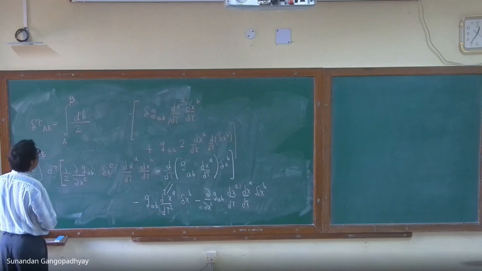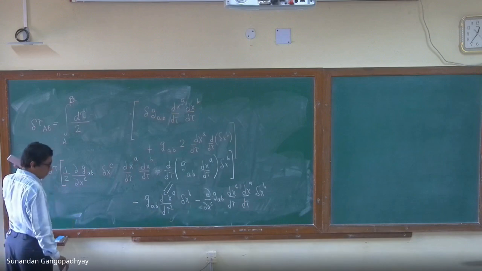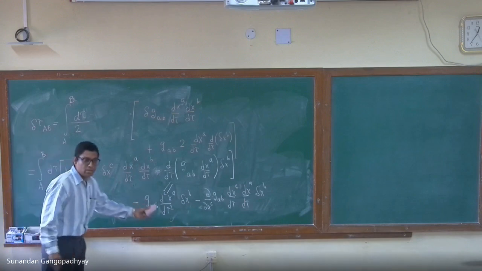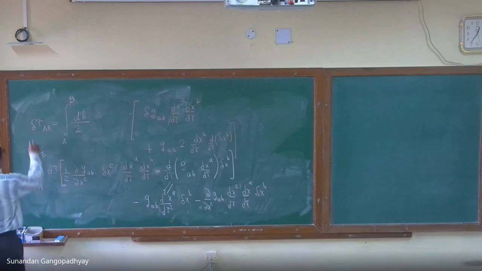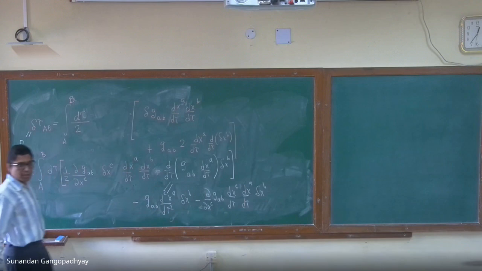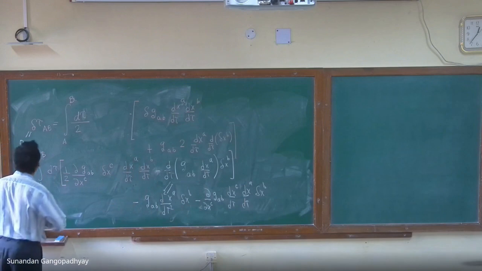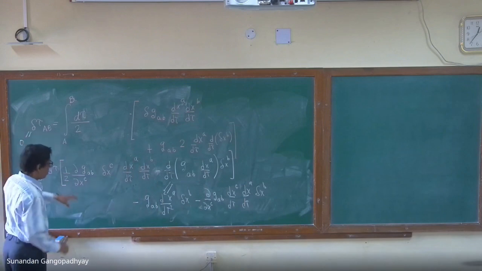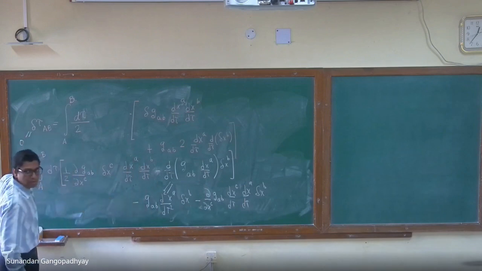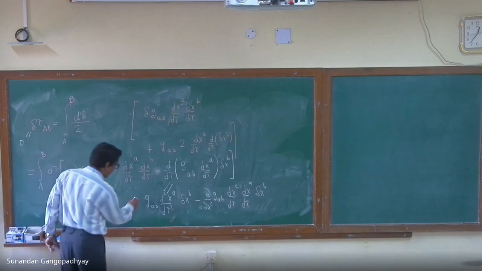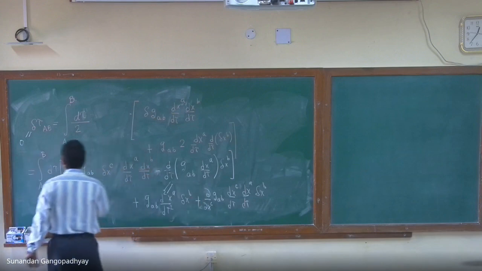But at the end, the relative sign is obviously important, because I shall impose the principle of least action. Once again, you have to impose physical principles. This is the physics input. So if I take this minus sign outside, I can make this plus, and this one minus.